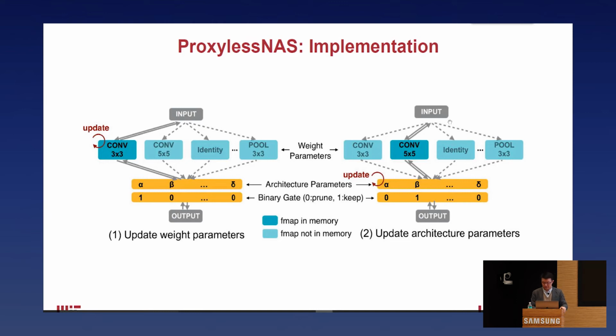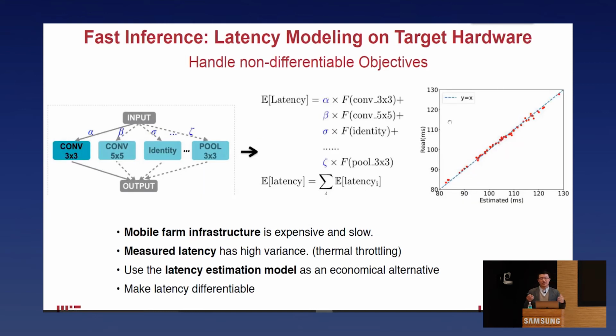on the GPU. And also we did a latency model to take the direct feedback from your hardware, right? We want to specialize the model for your hardware, so we need some feedback from hardware. But directly measuring the hardware performance may suffer from variance, like thermal throttling, and you need lots of hardware devices. So we built a latency model to predict, given the model, the latency, and the latency can be quite accurate.